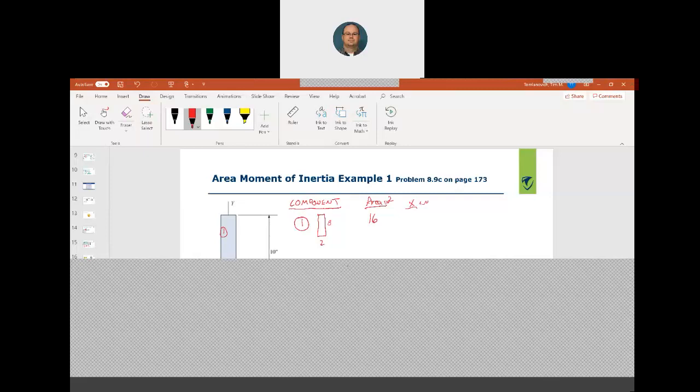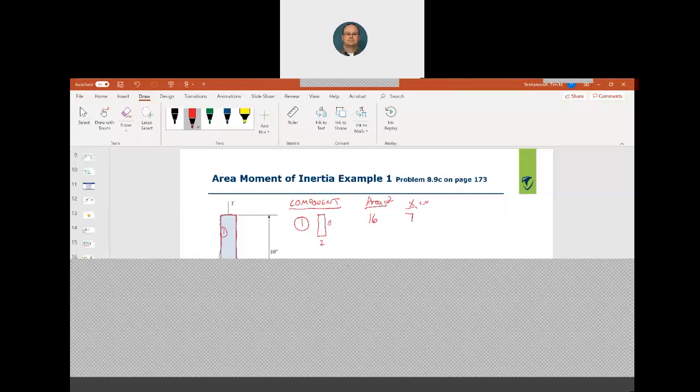Remember, I'm breaking this up into 2 different objects. Okay, I'm looking at each individually from 0, 0. So I go 6 plus, this thing is 2 inches wide, so half is 1. So this is 7. Okay, and then this one is 6 plus 1, also 7.